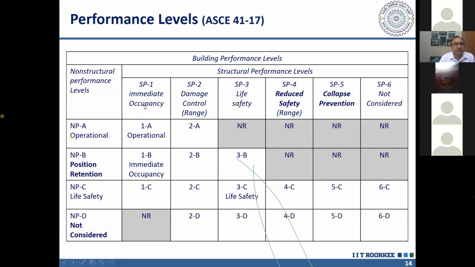In case of a hospital, not only should the building be safe after an earthquake, the non-structural components, equipment, services, and pipelines should also be operational. So a combination of these two gives us the best performance level which we expect from a building: it will be operational, its structure will be intact, and all its services and equipment will also be working. That is our best targeted performance level.